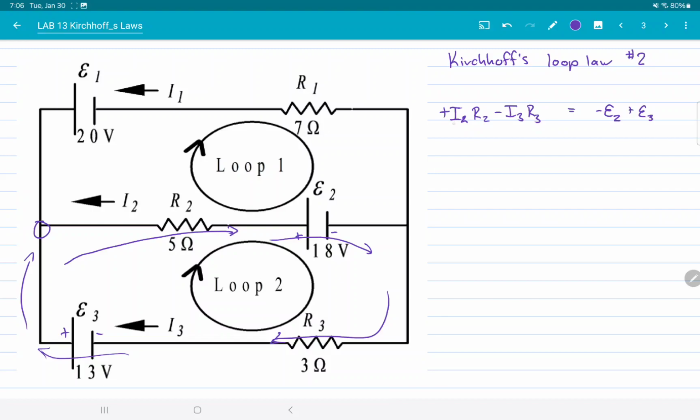Okay, so I can plug some numbers in. I know I have R2 is 5 ohms. So plus 5 ohms times I2. R3 is 3 ohms.